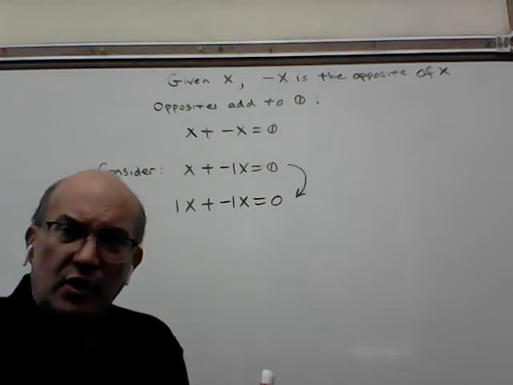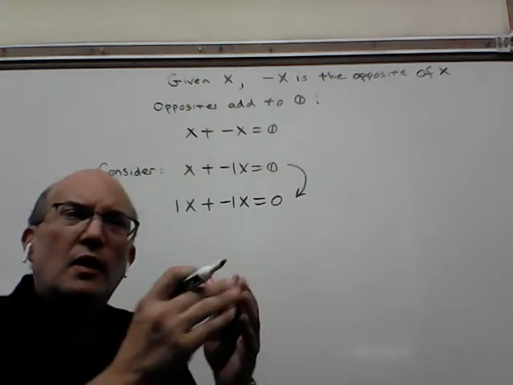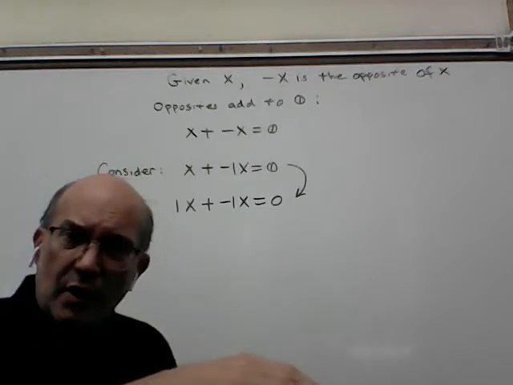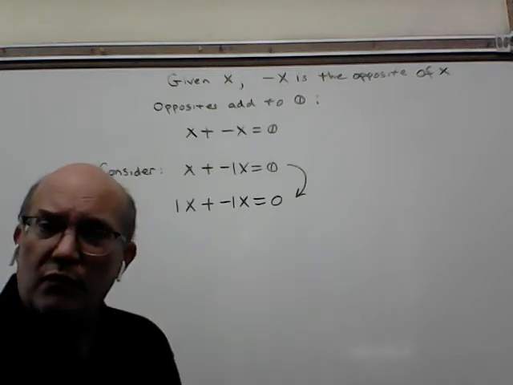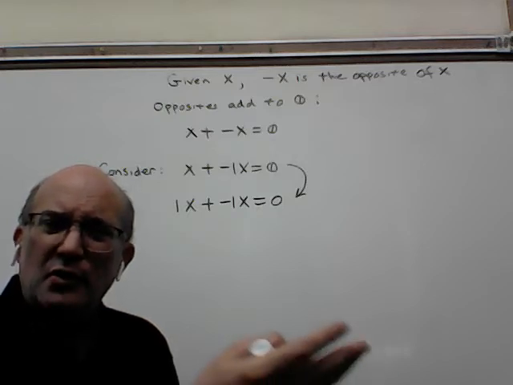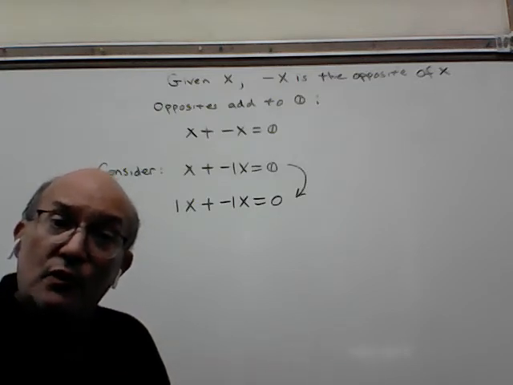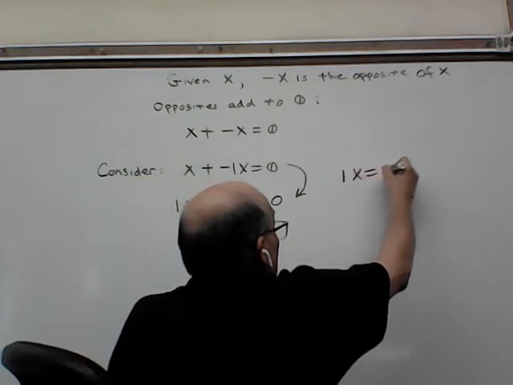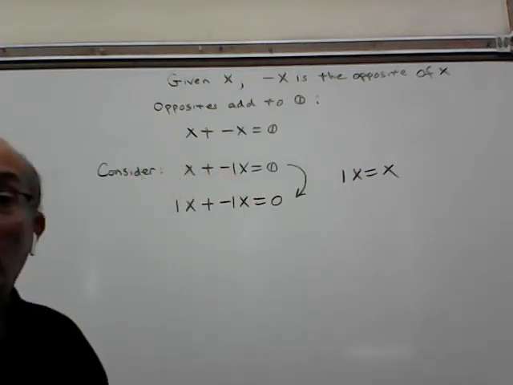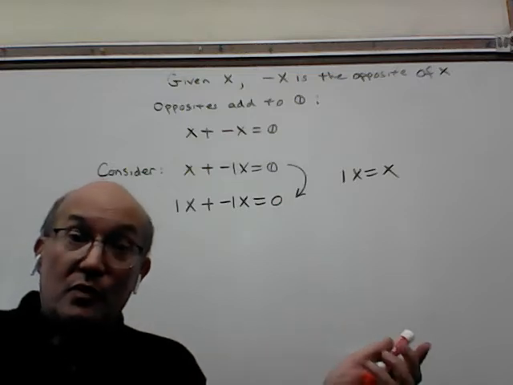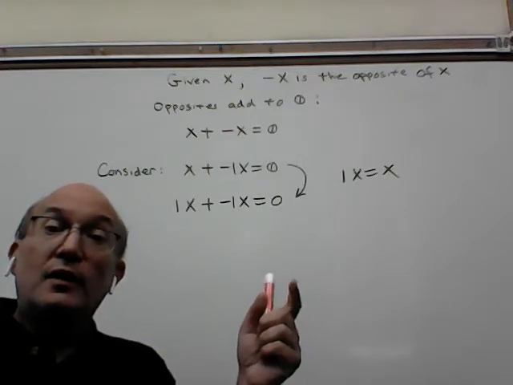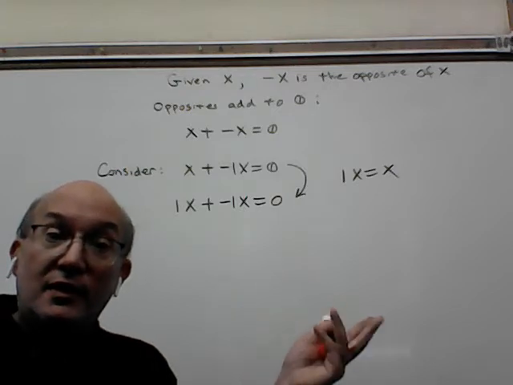Assumptions, definitions, basic assumptions that we can all agree to, definitions that we provide, or things that we've proven in the past. Those are the things that we can use when we're trying to prove something. So 1x equals x. That's true. For any number x, if you multiply by 1, you get x, the identity.